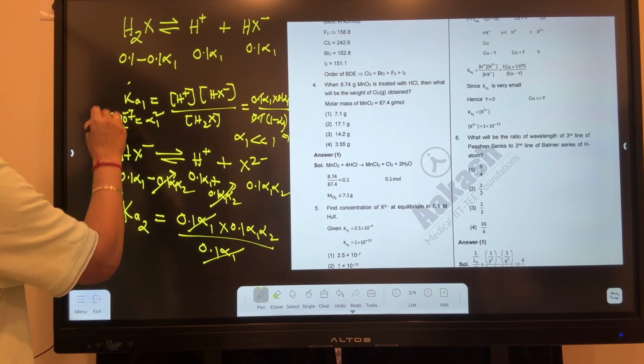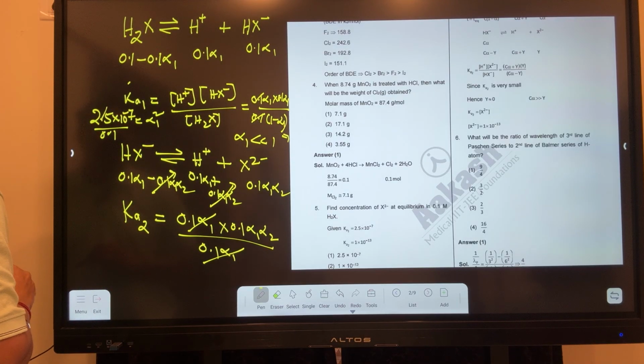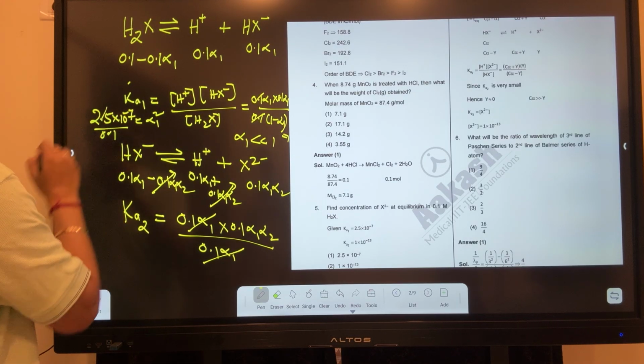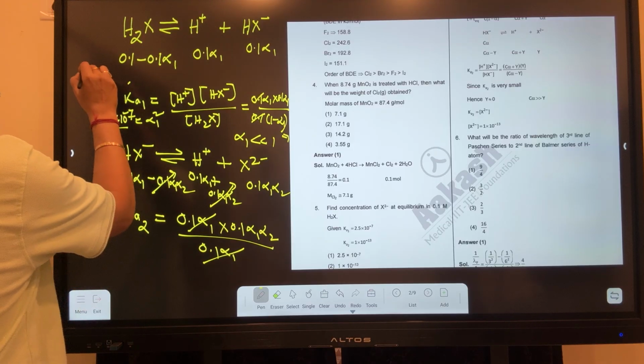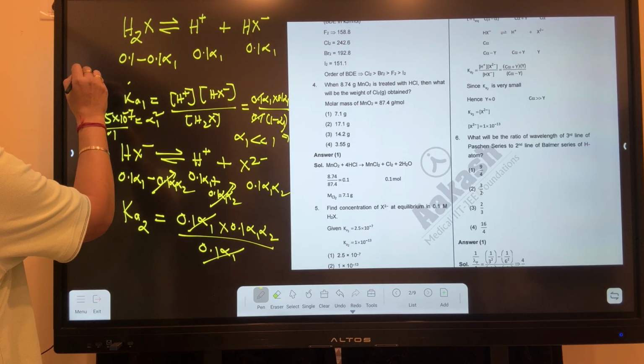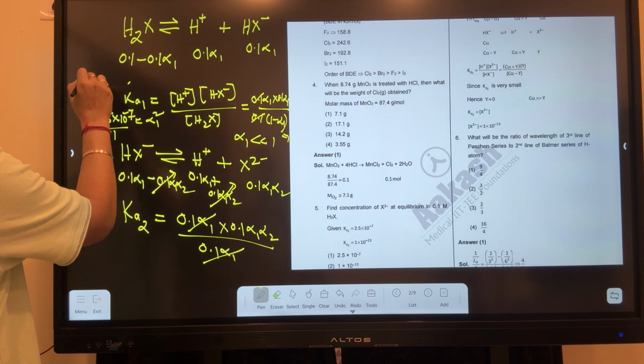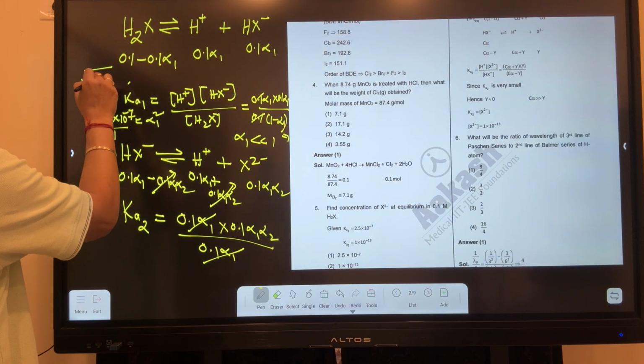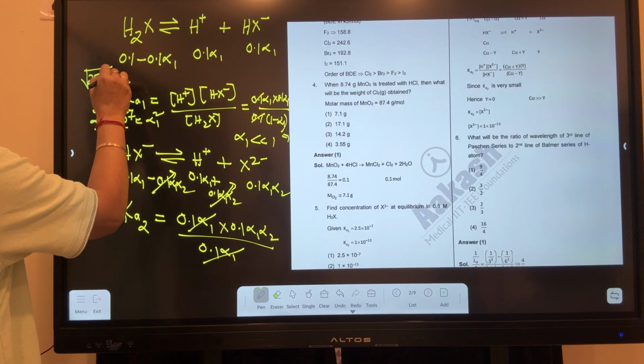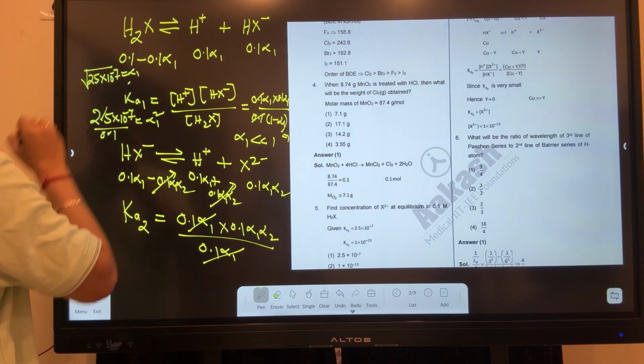Now this decimal point and decimal point cancel out. So then immediately we are getting 25 into 10 to the power of minus 7. Then, what can we get over here? Under root of 25 into 10 to the power of minus 7, that will be equal to your alpha 1.